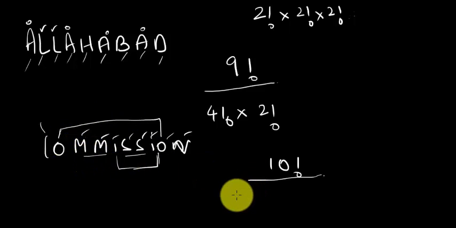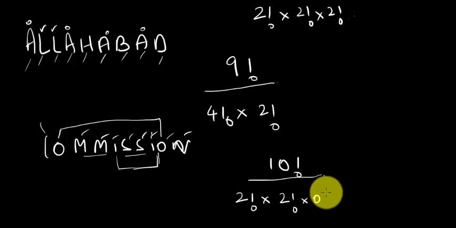So how many times is M repeating? 2 times, so that's 2 factorial. And I is repeating 2 factorial. O is repeating 2 factorial. So that's going to be a 2 factorial again. And that's going to be the solution. Very simple. Okay.